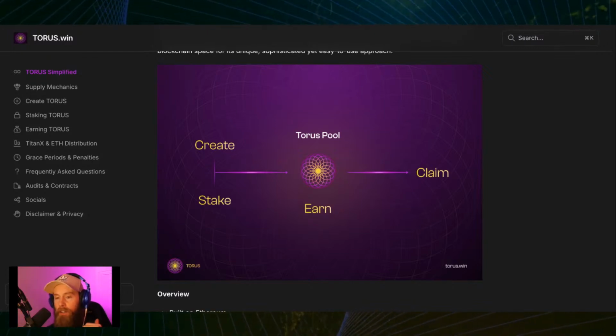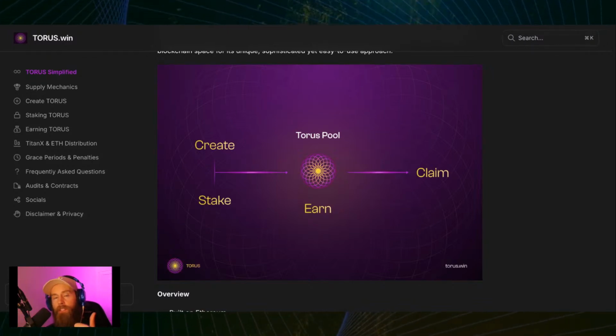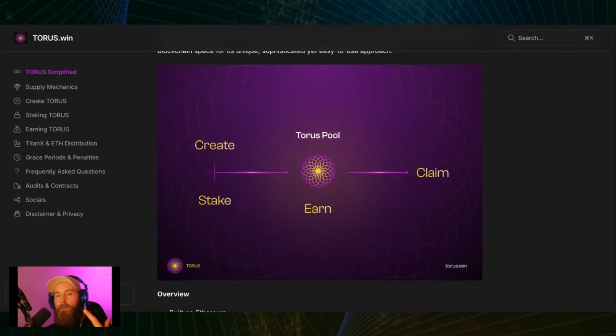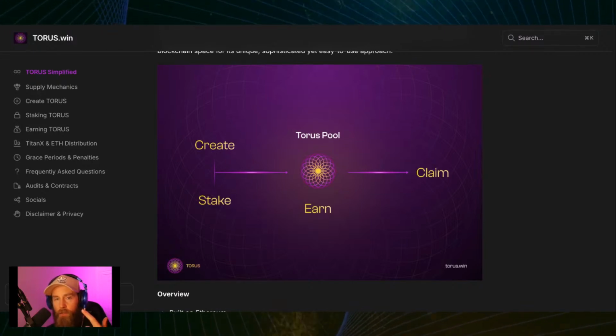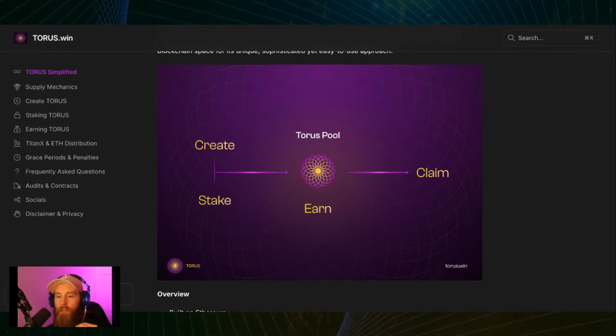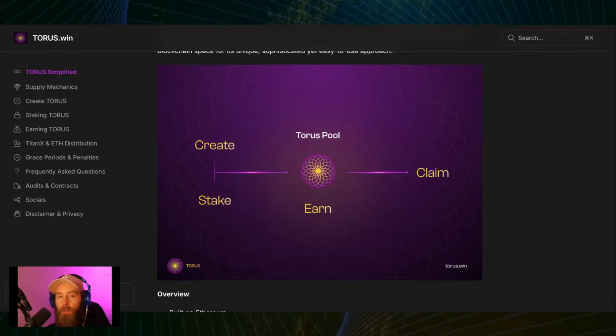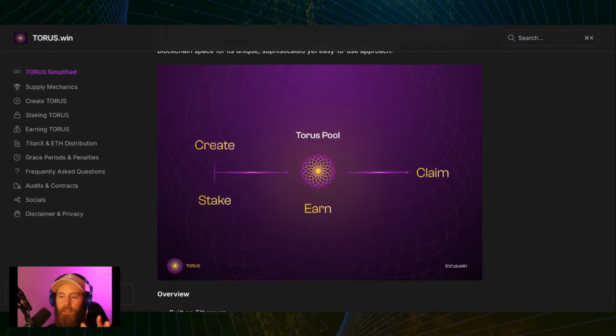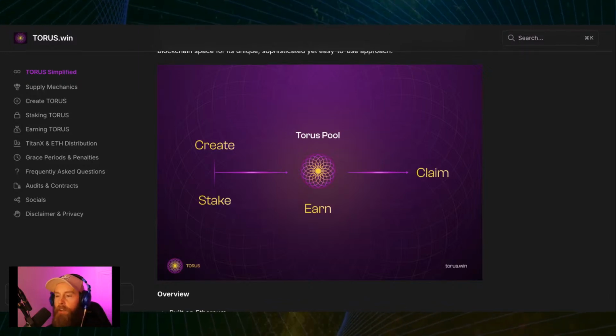Okay, so now Genesis only gets 3.69%. 4.31% of all the economic energy coming in goes to buying and burning Titan X, and 92% in total goes to buying up TORUS, or 88%. And then there's some that goes to liquidity and whatnot.